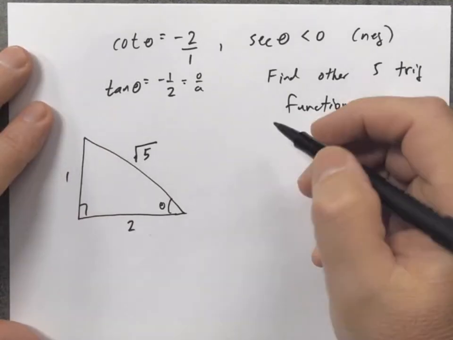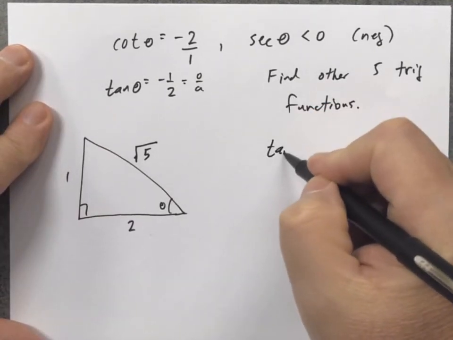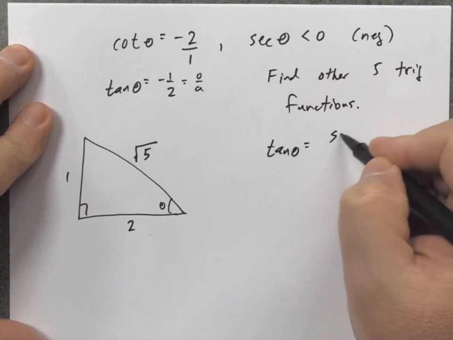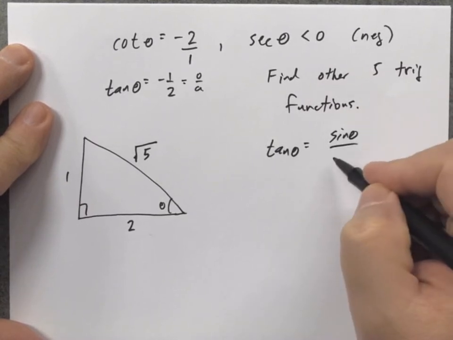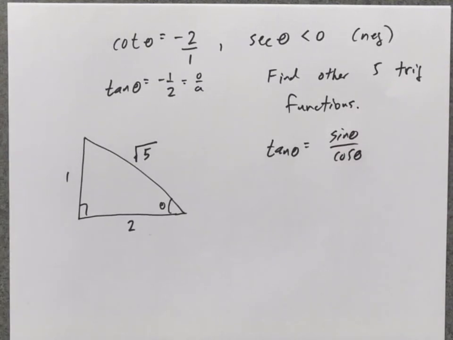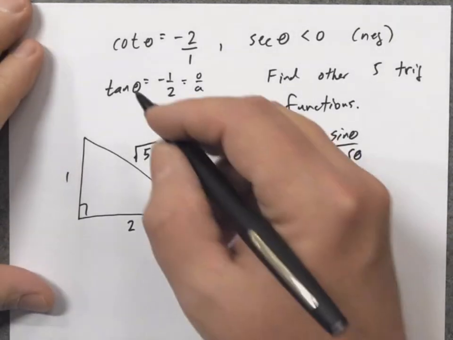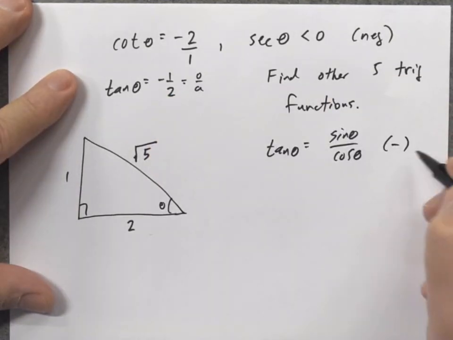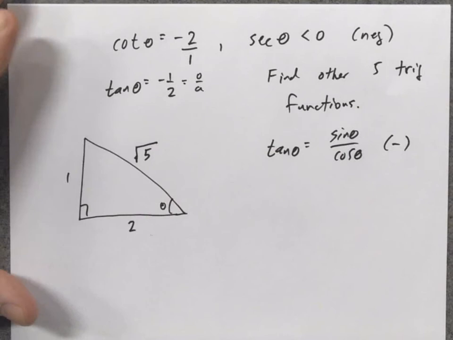Now here's something else we have to review real quick. Something that gets used a lot is, when we're working with tangent, the tangent can always be seen as the sine over the cosine, a fraction, sine over cosine. This also helps us when we're figuring out whether these tangents are positive or negative. So for our problem, our tangent's negative.